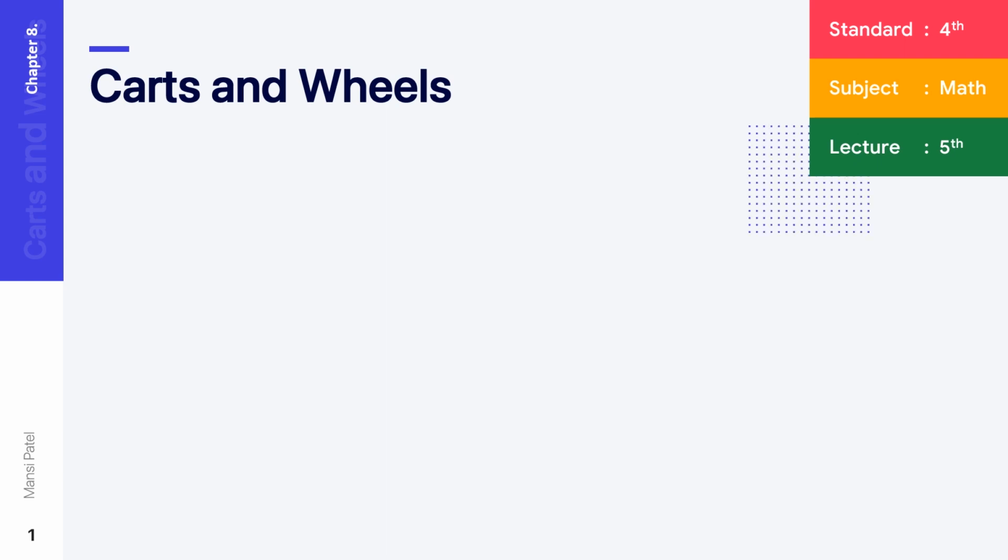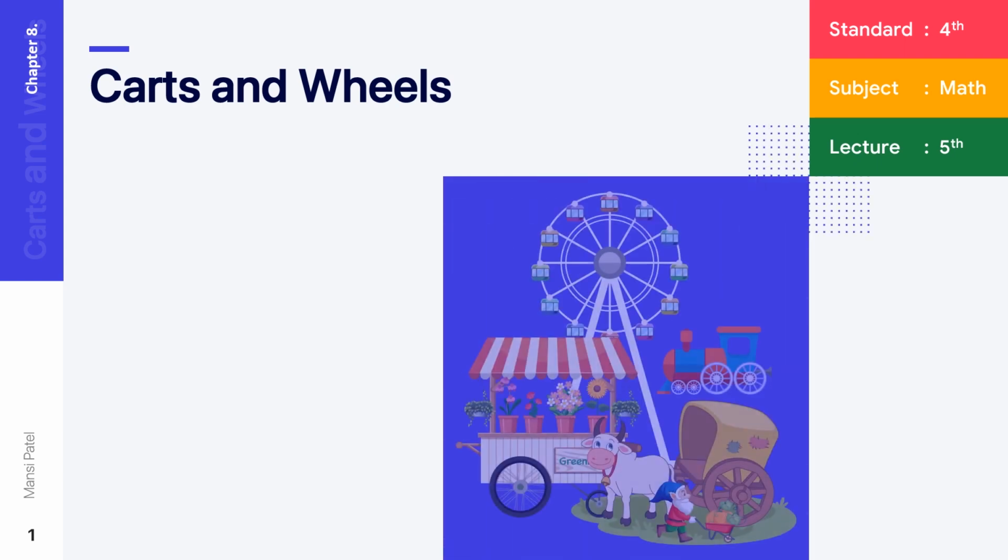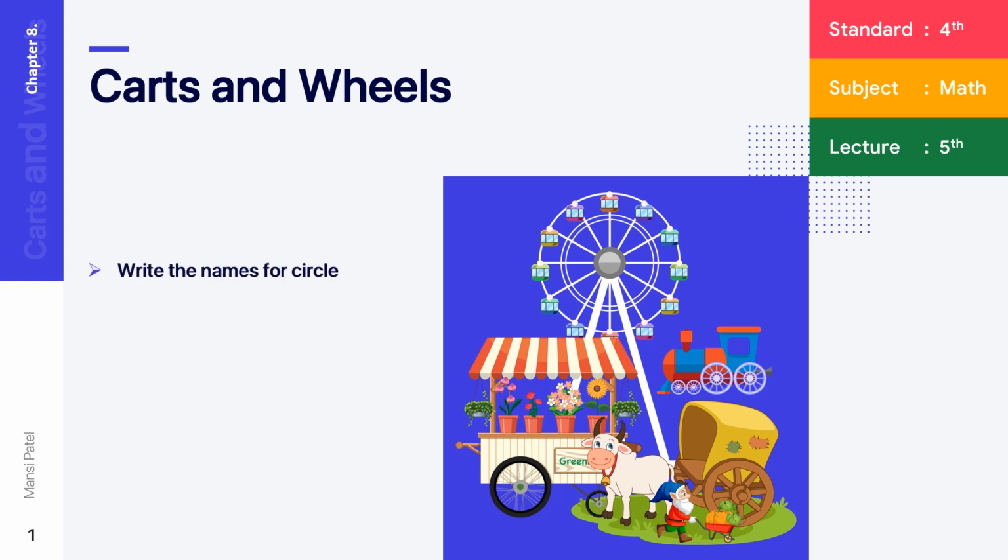In our previous lecture, we studied the parts of the circle. There are different parts of the circle that we already studied with the definition and figure. Today we are first going to revise our previous session.